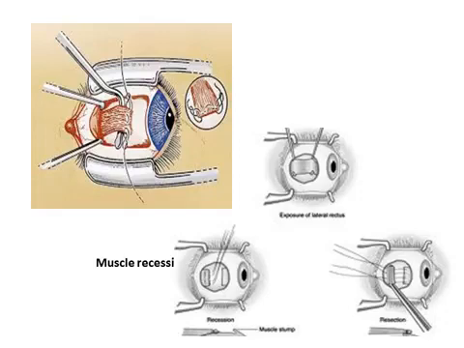So when we make the new insertion closer than the origin of the muscle, this will make the muscle less powerful. Either we make a sling, as you can see in the bottom right, or we suture the muscle in its new position to the sclera. This is recession.